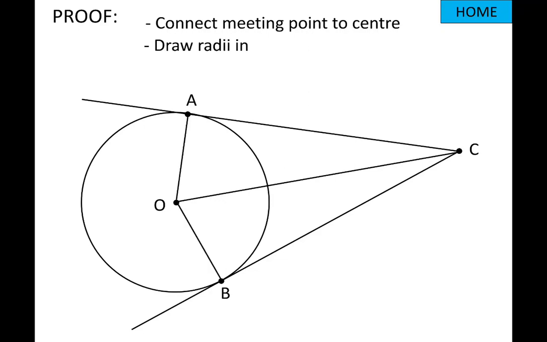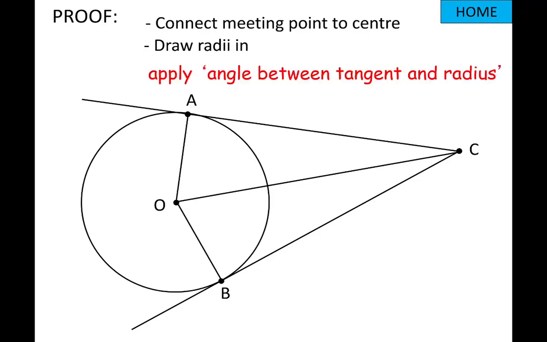We draw two radii, apply the angle between the tangent and the radius. This angle is 90, A is 90, B is also 90. They have the same radius.